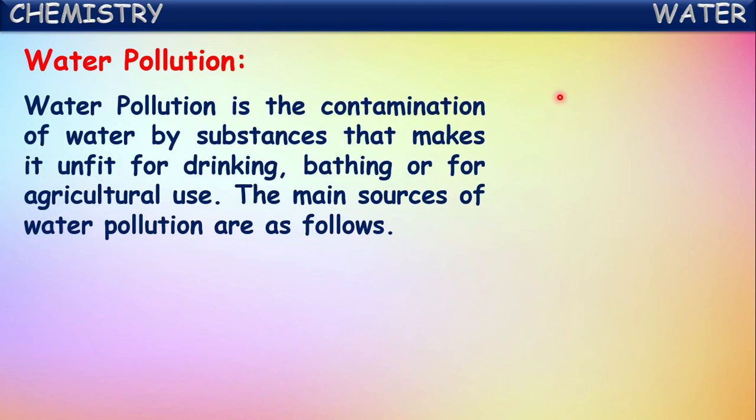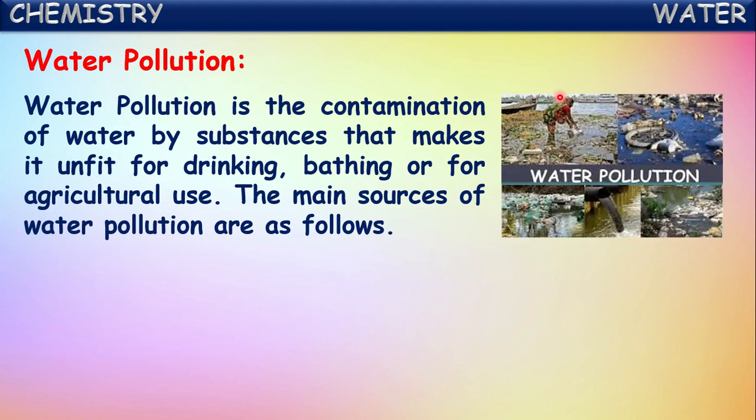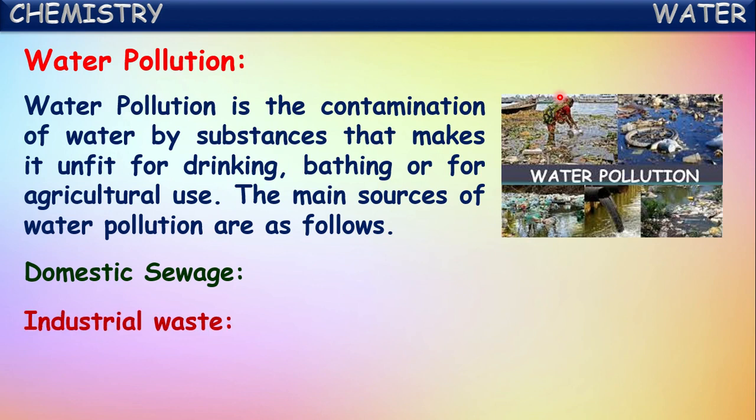Water pollution is the contamination of water by substances that make it unfit for drinking, bathing, or for agricultural use. So, the contamination of water is called pollution of water. The main sources of water pollution are as follows: domestic sewage, industrial sewage, and even agricultural waste.